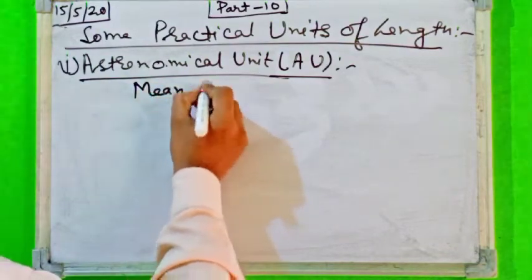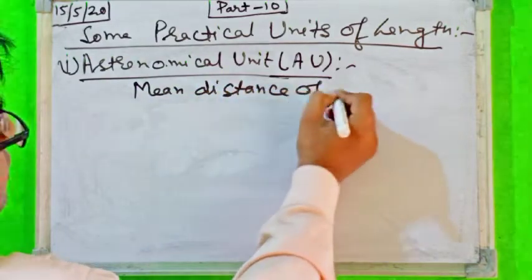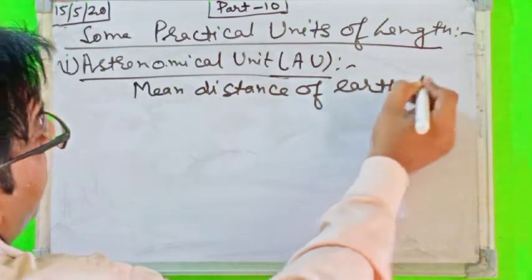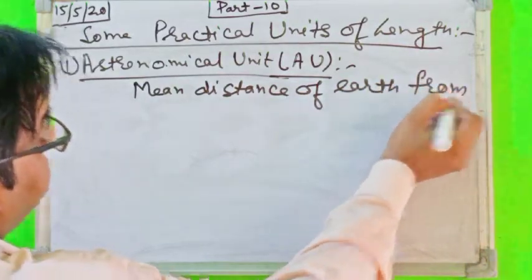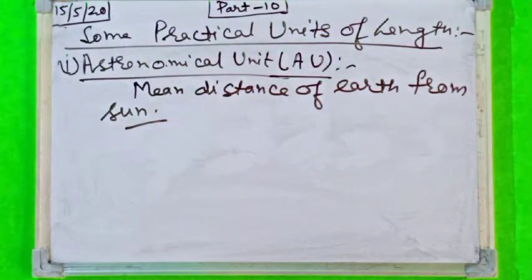Mean distance of Earth from Sun is 1.496 into 10 to the power 11 meter.